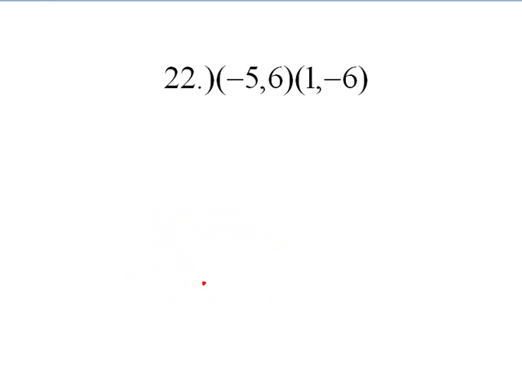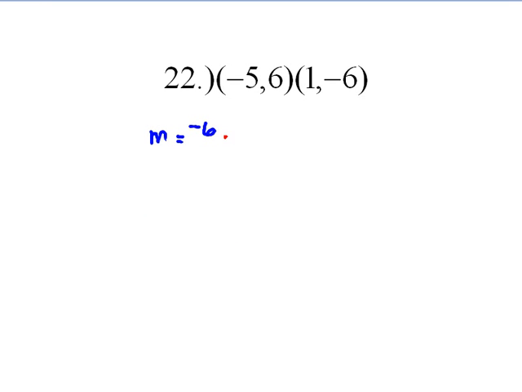Two points, and we want to find the point slope formula. So first, in order for that point slope formula, we needed m. So first we have to take the 2 points and find m, the slope.